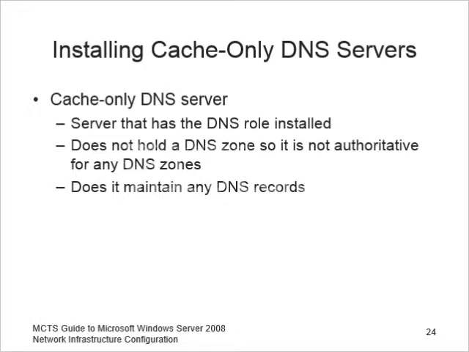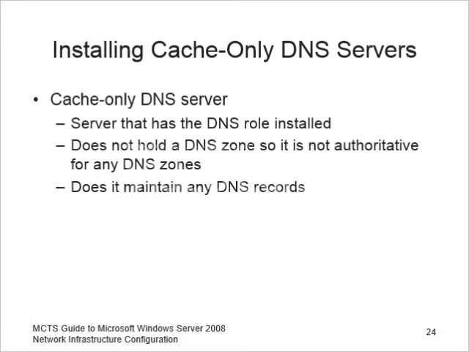Cache-only DNS servers are a good option for workgroup environments that want to centralize the DNS requests through a single server. In activity 5.8, you're actually going to be installing your DNS server through a DNS role using the Server Manager.